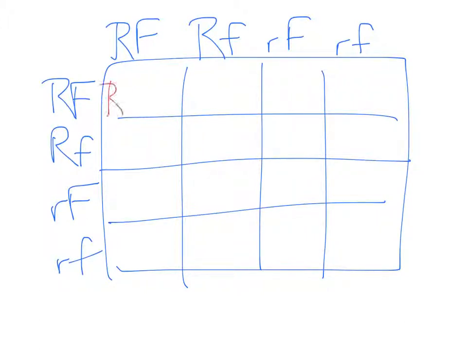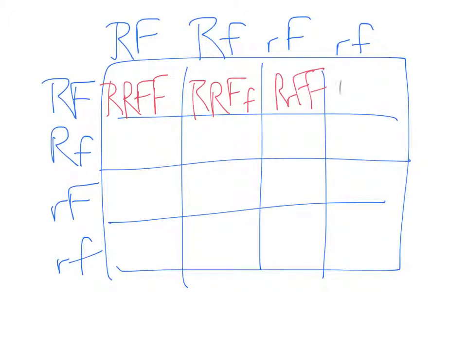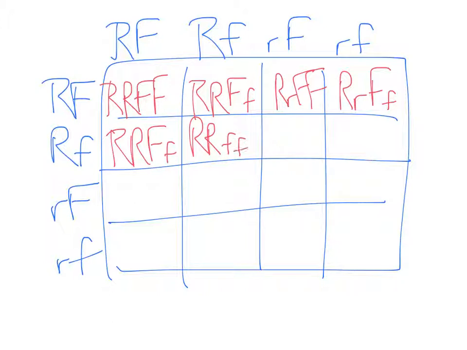All right, so then you bring your letters together. Big R, big F, big F. Big R, big F, little f. Big R, big F, big F. Big R, little r, big F, little f. Big R, big F, little f. Big R, little f, little f. Big R, big F, little f. Big R, little f, little f.